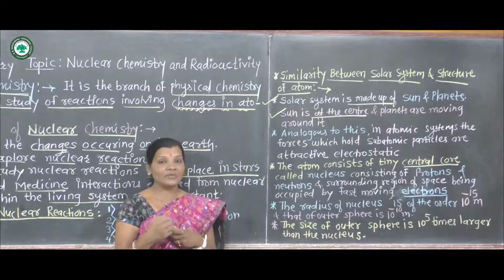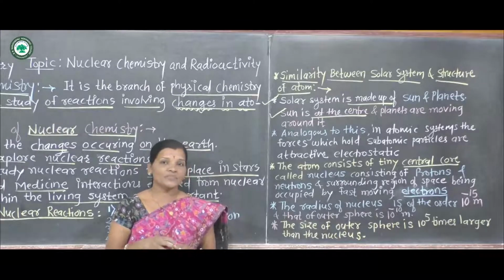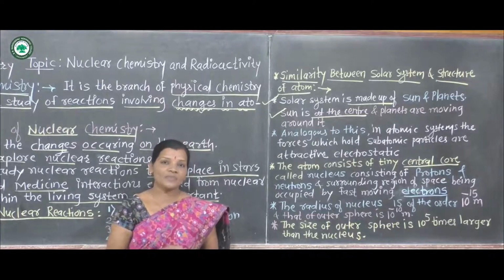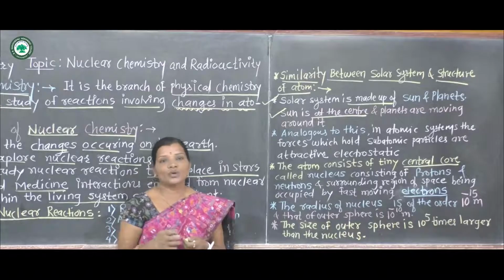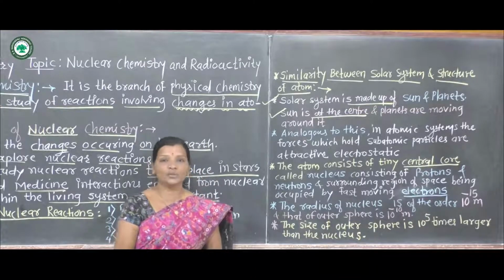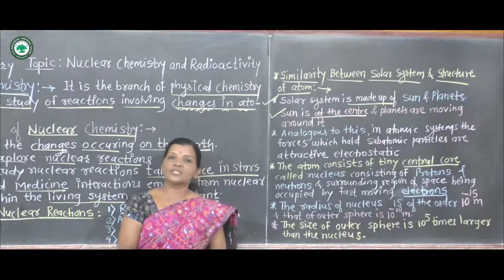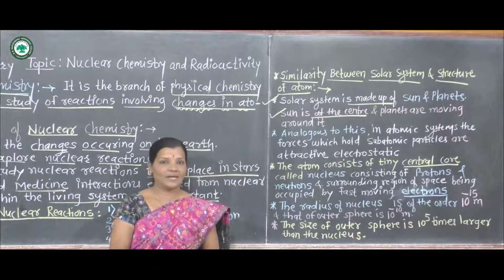Also if we see the structure of an atom, within the nucleus protons and neutrons are situated at the central position. Protons are positively charged particles and neutrons are electrically neutral particles.